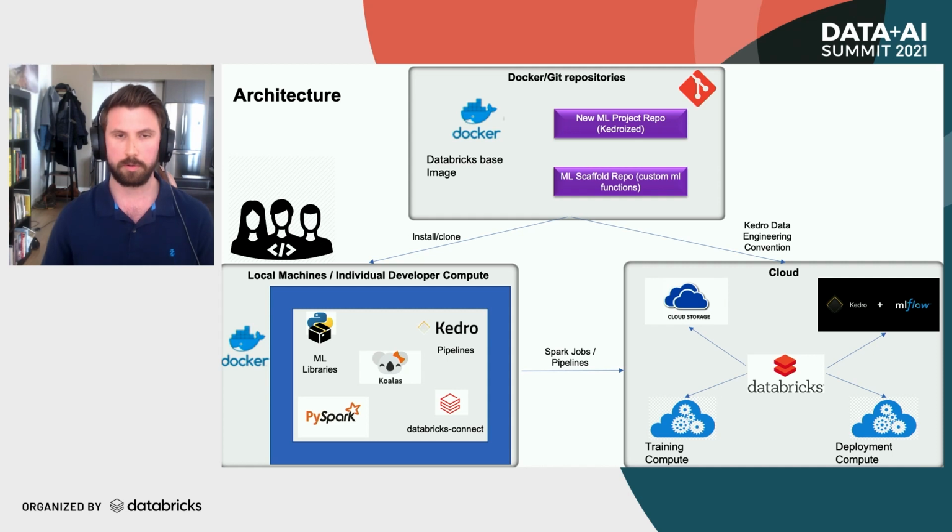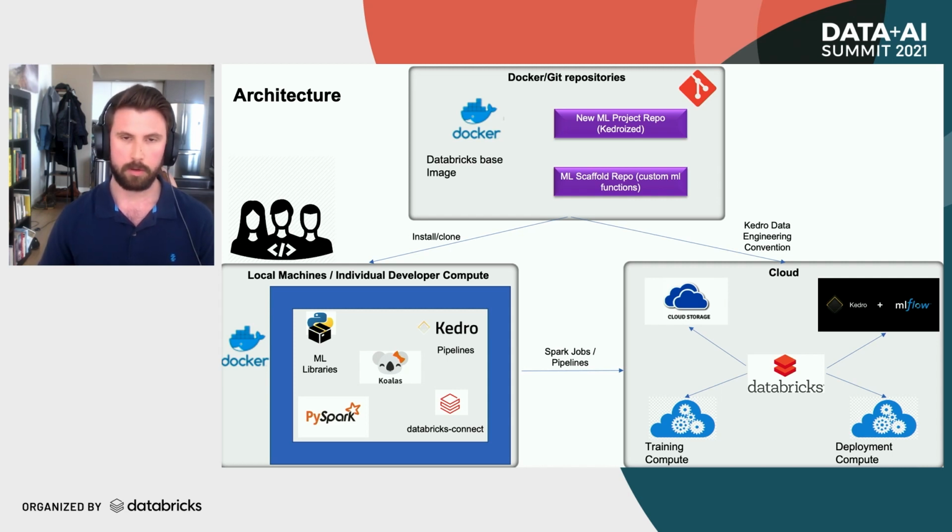So now I'll show you a bit about the architecture that goes into this workflow. At the top, we have our Git repositories and Docker images, where we use the same Docker image for every developer.